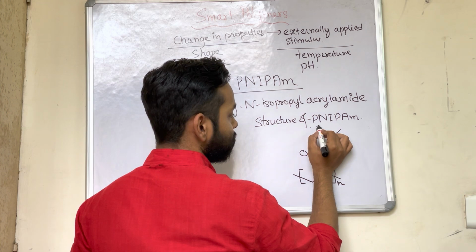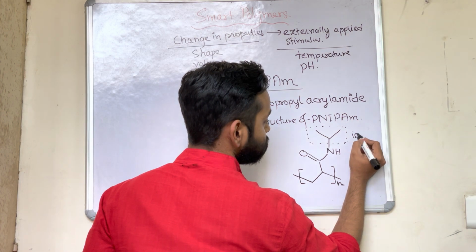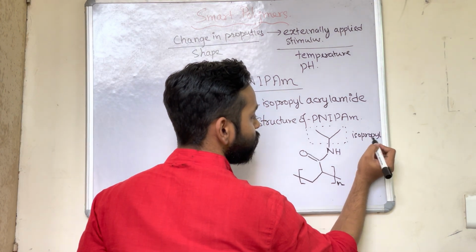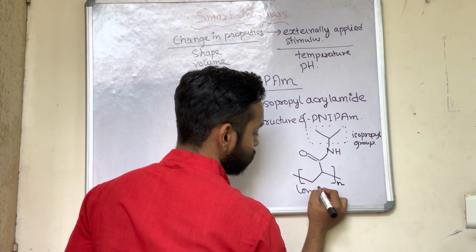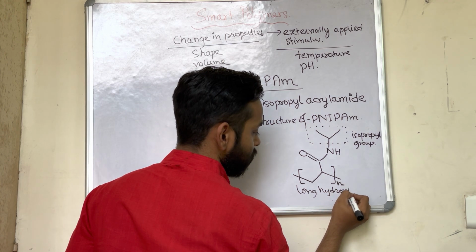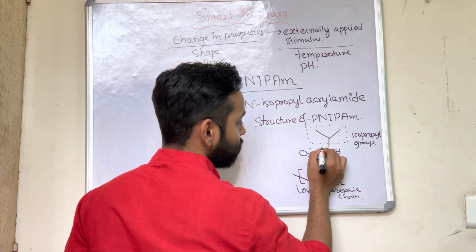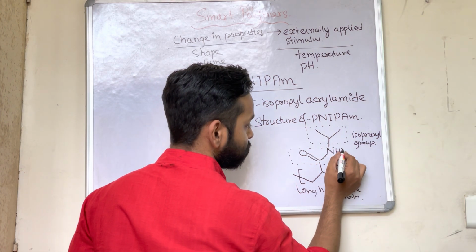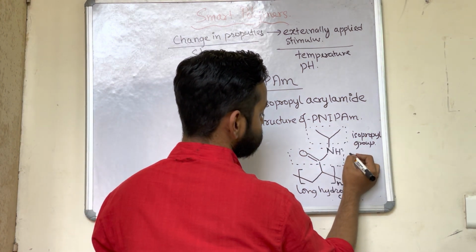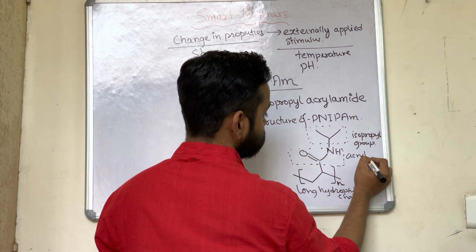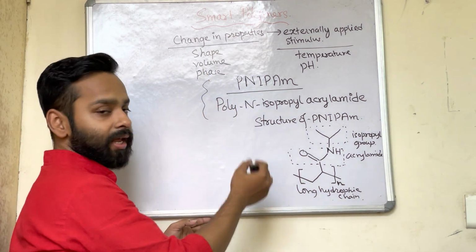So this is the isopropyl group, this is the long hydrophobic chain, and this is the acrylamide group. So this is the structure of PNIPAm.